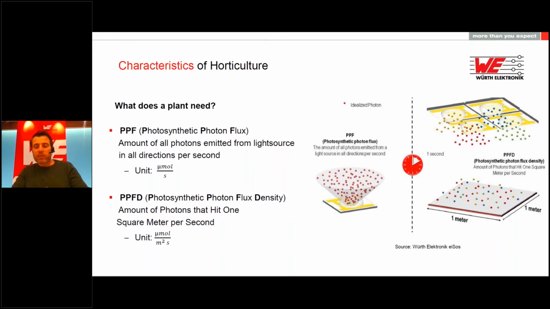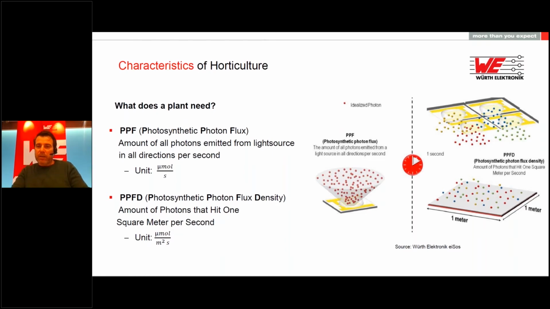And of course, not only the LED matters, it's also important that the plant absorbs this, so the plant has an area. It's like when you work at home, what's the illumination on your desk? This is the PPFD factor, or the amount of photons that hit 1 square meter per second.